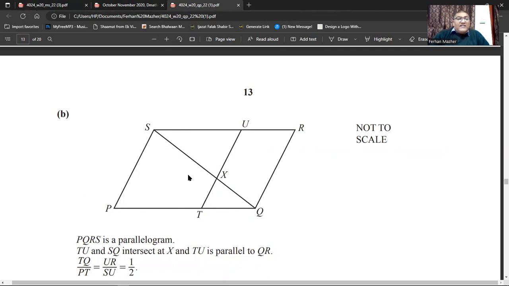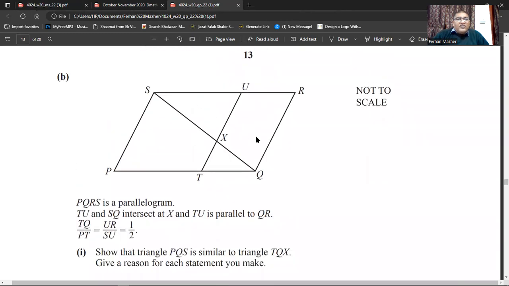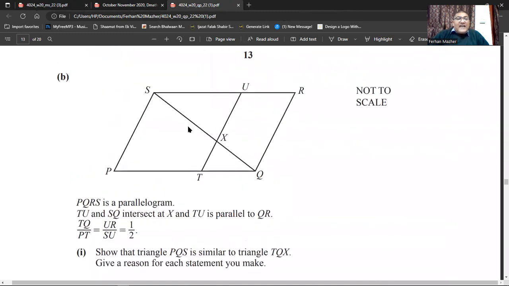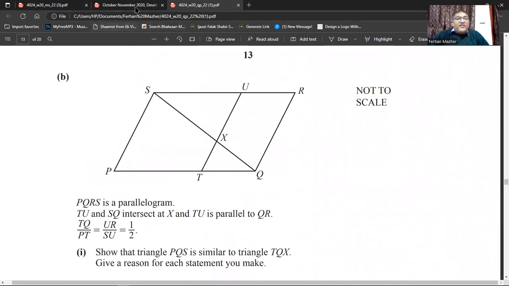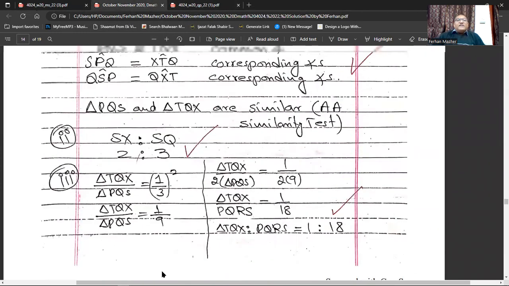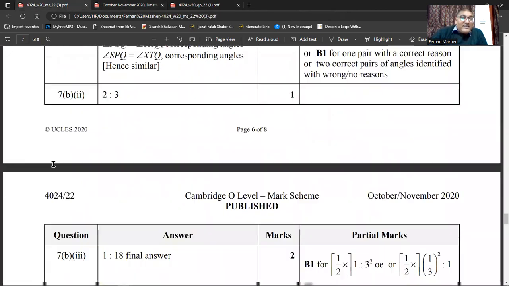So this will be 1, the whole thing will be 3. So this is 1, this is 2. So their question is to find SX, that will be 2, and SQ, that will be 3. Okay, so very simple. SX ratio SQ will be 2 ratio 3. I think I have shown you from the diagram how this is done. 2, 3 is the right answer, sir.